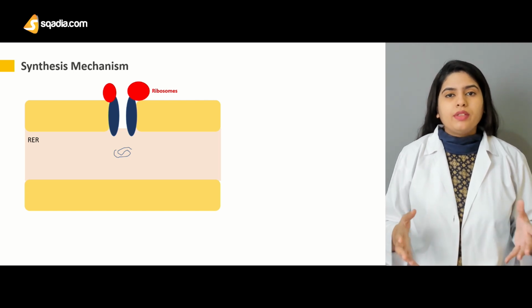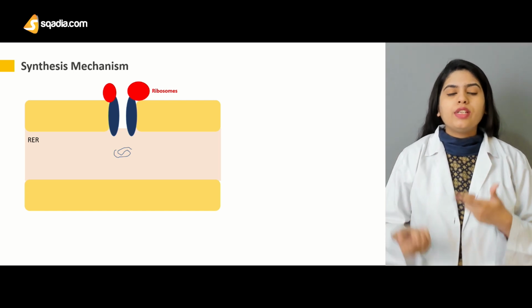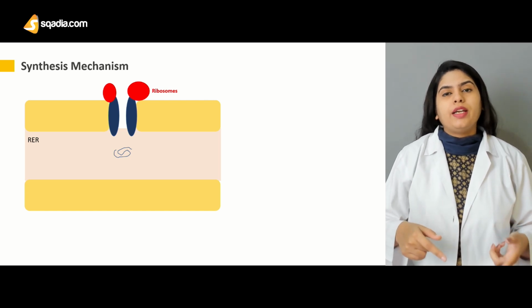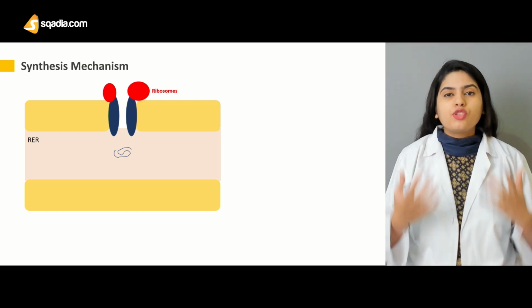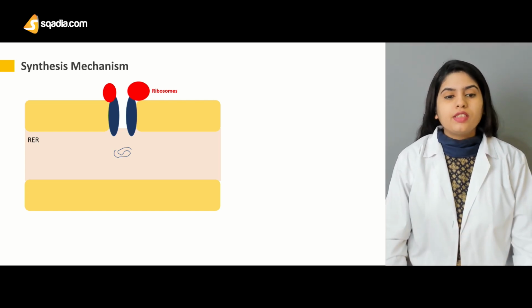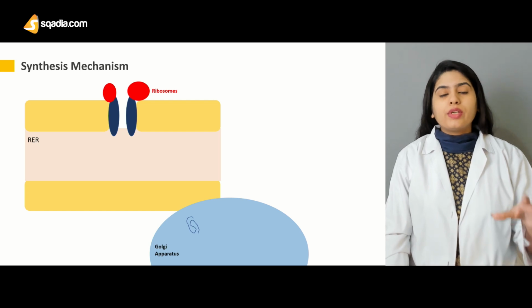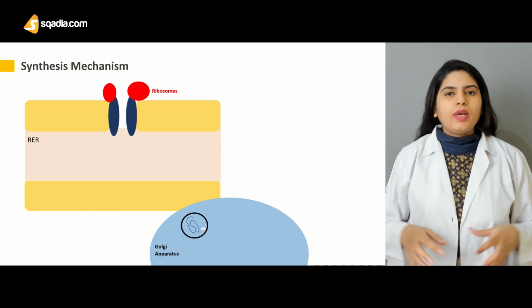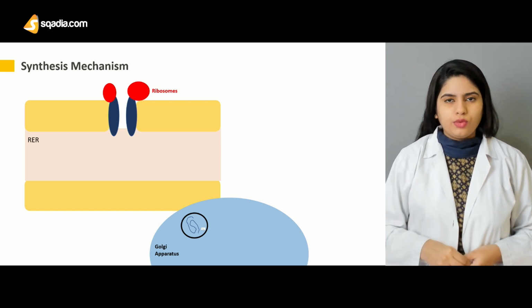Now, remember that preproinsulin is synthesized in the ribosome, moved inside the endoplasmic reticulum, and now it has to move to the Golgi apparatus to form the mature insulin. Now this is the proinsulin, and it will enter the Golgi apparatus, where it will be stored inside a vesicle or an immature granule. Everything will happen inside this immature granule.